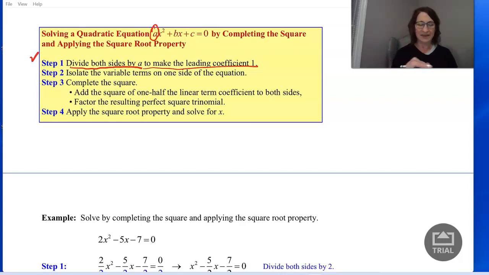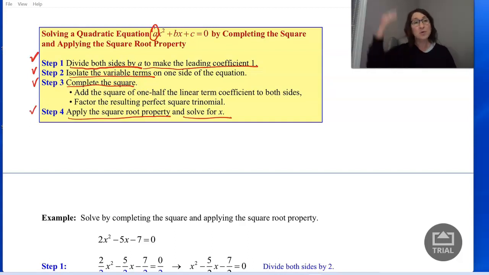All right, next, you just isolate the variable terms on one side of the equation. Next, you complete the square. That's what we just did. And then last, you apply the square root property and solve for x. That's what we were doing right when we began this whole video, was applying the square root property.